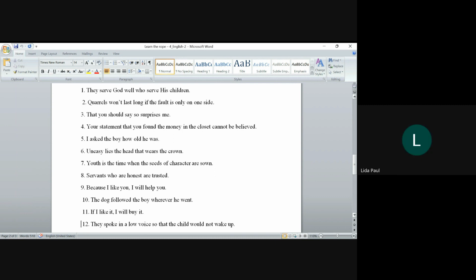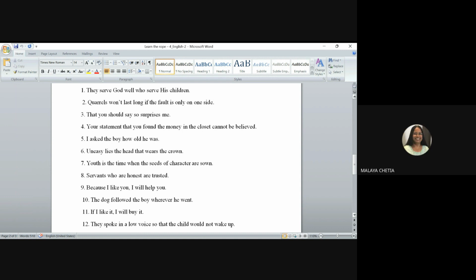That you should say so, the whole part, because next is your verb and then the object, right? So the first whole part has to be the subordinate clause. What kind of subordinate clause? That you should say so. So this is something that has been said, right? So what is it?